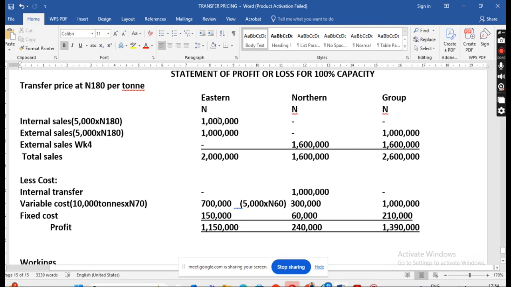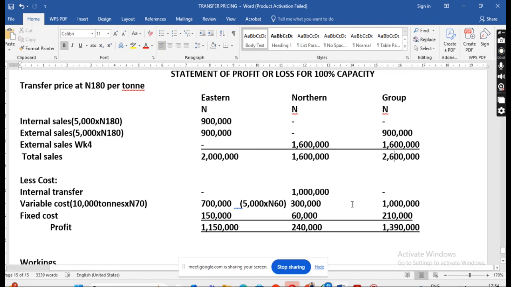You have 900,000. So here we have 900,000. The external sales still remain the same. The only thing that will change is the transfer price, right?